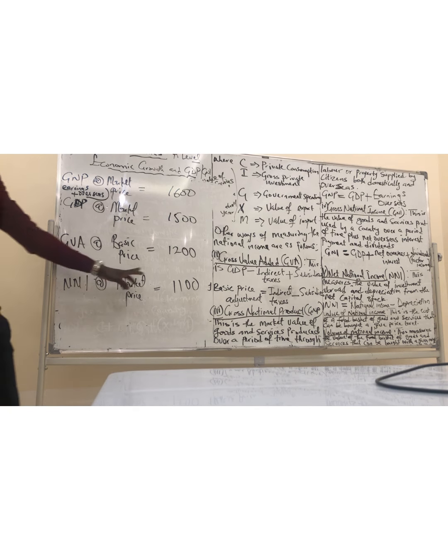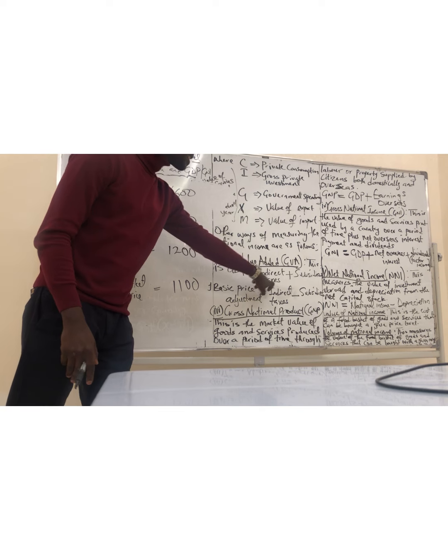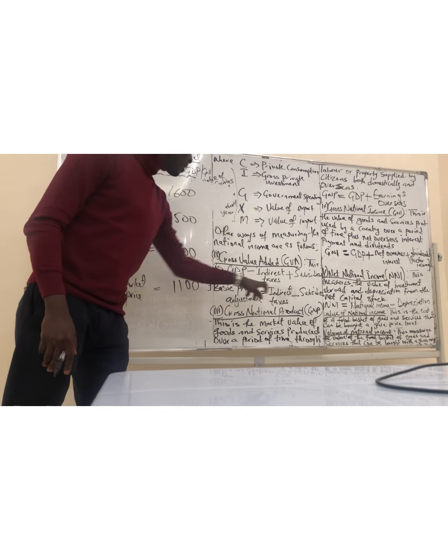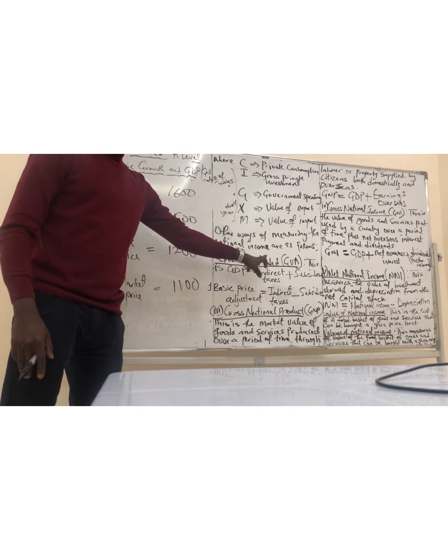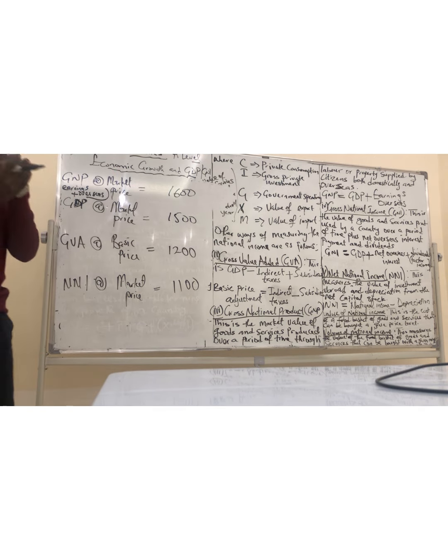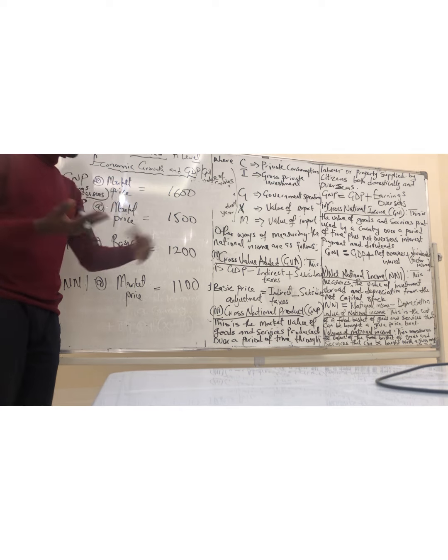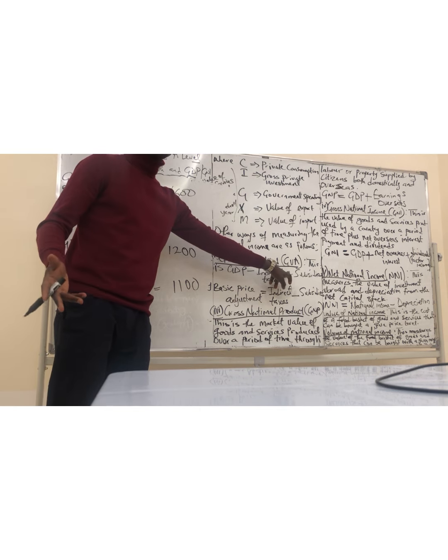So now for the GDP to the GVA, we said GVA is the basic price. So the value of what? The GDP minus indirect taxes plus subsidies gives us our GVA. So definitely whatever you have as your GDP, because of the indirect taxes added to it, your indirect taxes are always more than your subsidies.